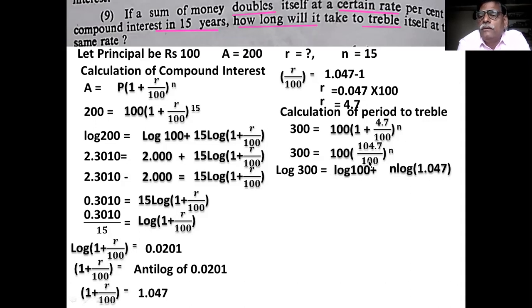I directly took the value: 104.7 divided by 100 is equal to 1.047. Raised to n, so n is multiplied here. And you see the log table.